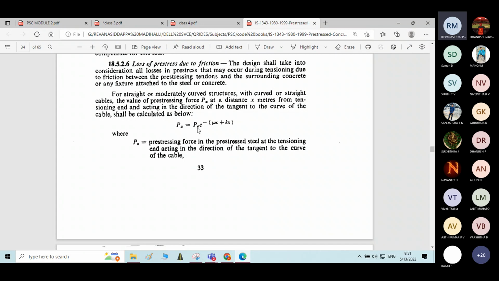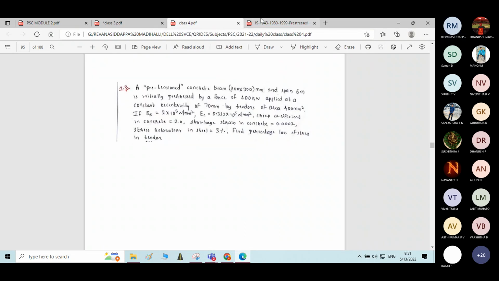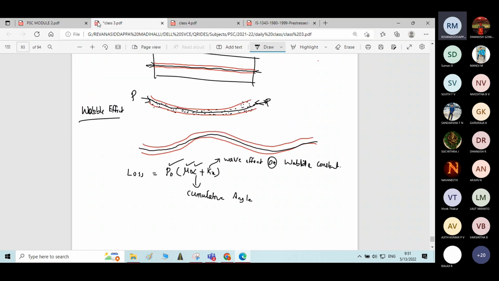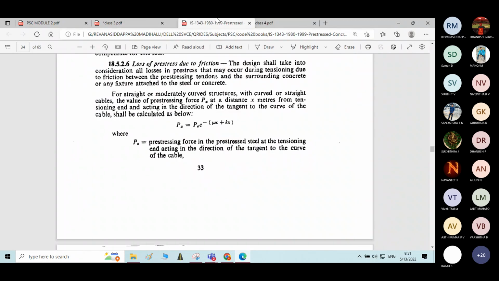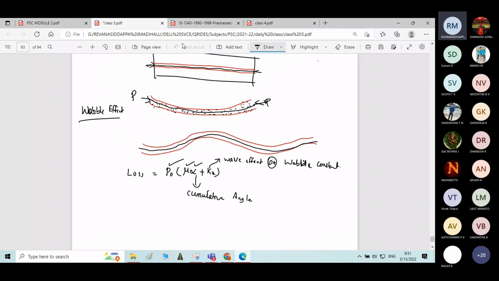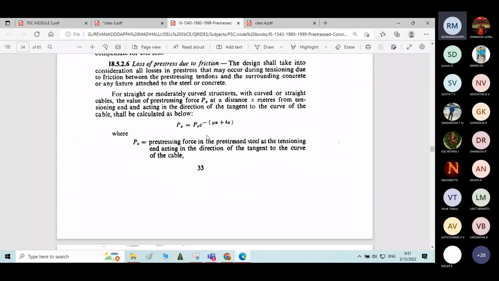That formula is for calculating pre-stress at a section. You can just write this formula, whatever I wrote just before, that is P naught into mu alpha plus Kx.